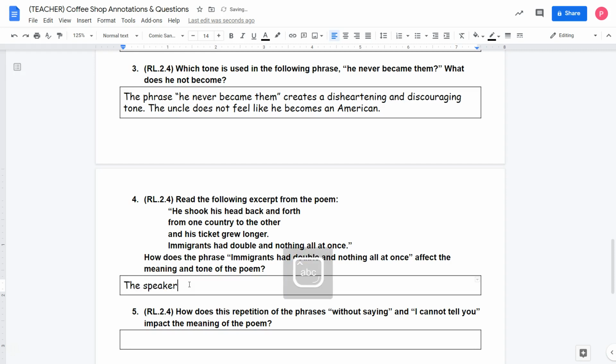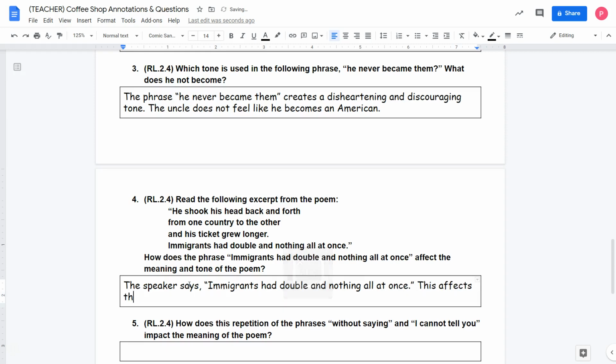The speaker says, "immigrants had double and nothing all at once." This affects the meaning and tone of the poem.